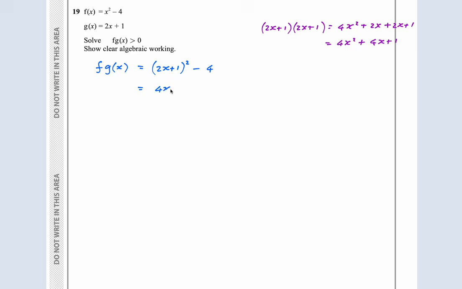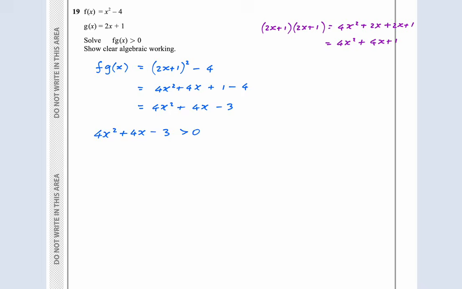So this is 4x squared plus 4x minus 3. Now, where is this greater than 0? So 4x squared plus 4x minus 3 is greater than 0.